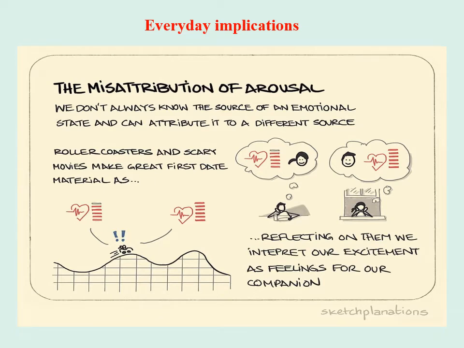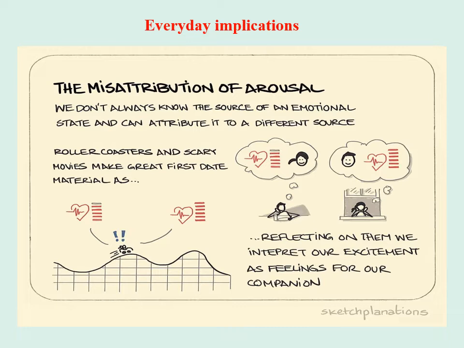This misattribution of arousal principle can produce some strange consequences. If we don't always know directly the source of our emotional state, then non-specific arousal can be attributed to or explained by a completely different source.